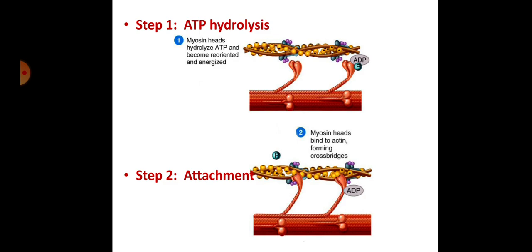In the first step, with the help of hydrolysis of ATP, the myosin heads or cross bridges hydrolyze, that is, break up ATP in the presence of water and become reoriented and energized. In the second step of attachment, myosin heads, the orange colored globules, bind to actin, forming cross bridges.